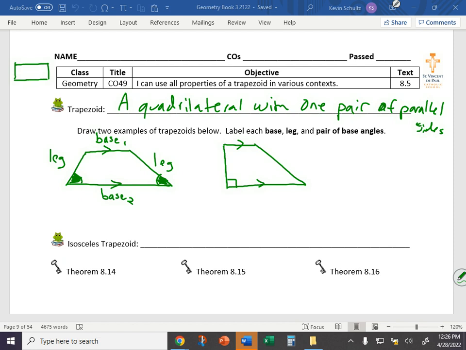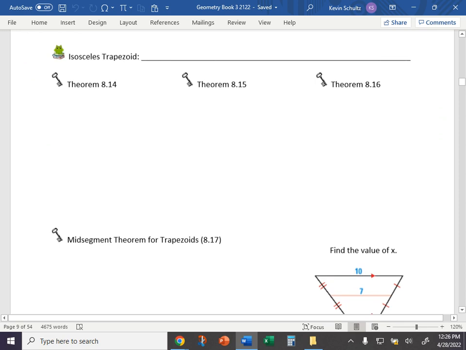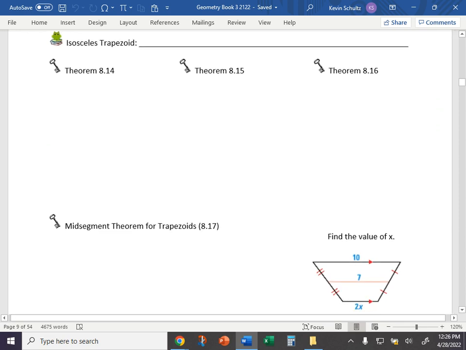All right. Let's talk about isosceles trapezoids. We've talked about that word isosceles before in the context of triangles, so let's bring that back a little bit. What do you know about isosceles triangles, and what can you predict we're going to be talking about with isosceles trapezoids? Two equal legs. We call them legs here. What else? With an isosceles triangle, you've got those two equal sides, so in a trapezoid, you have the two congruent legs.